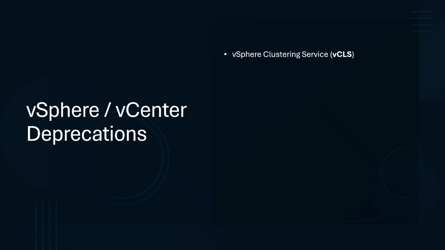Okay, so to start off with vSphere and vCenter deprecations, they removed vSphere Clustering Services. Then vSphere Host Profiles is no more. That has been removed in VCF 9 or vSphere 9. Then vCenter Enhanced Linked Mode got deprecated.